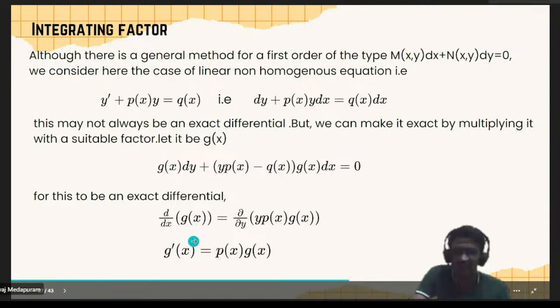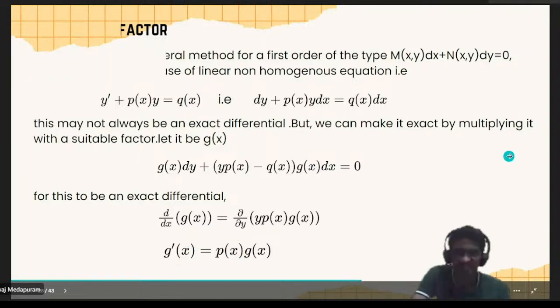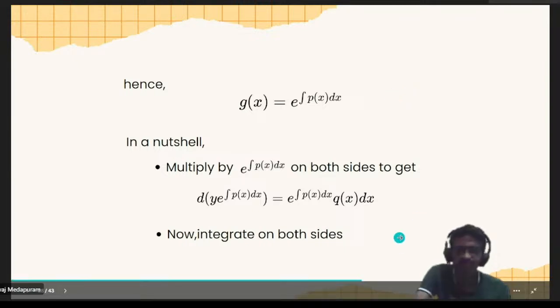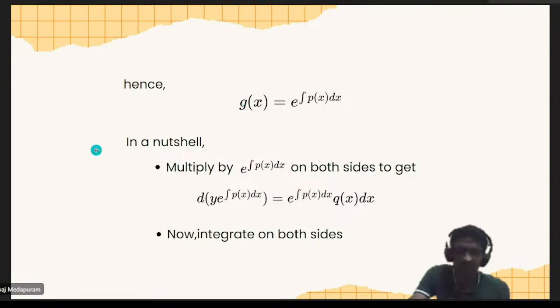It's quite simple: dg by g is equal to p(x) dx. We just integrate on both sides and obtain g equal to e to the power integral p(x) dx. Here we didn't take any constant because we are going to include it in the final answer. So we have obtained g(x) now.